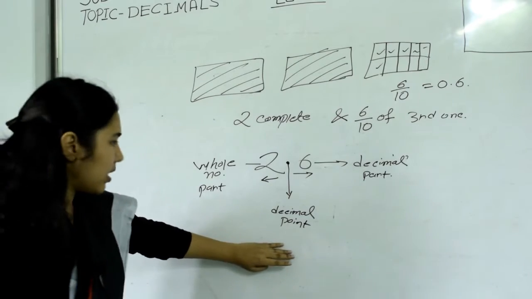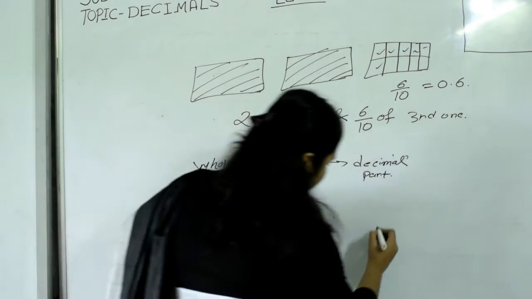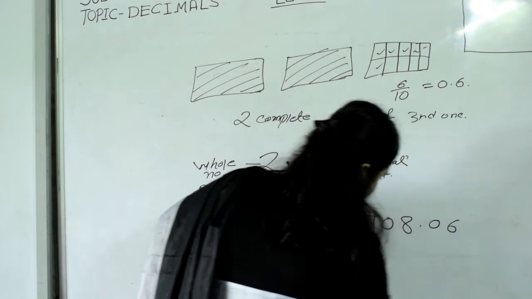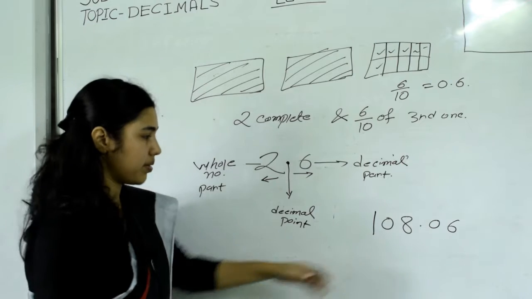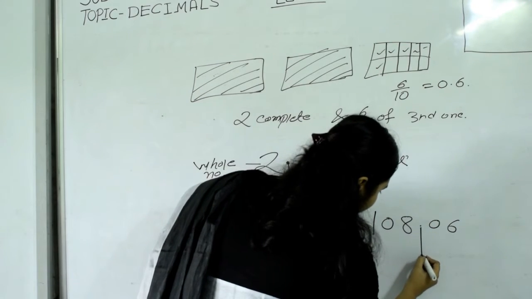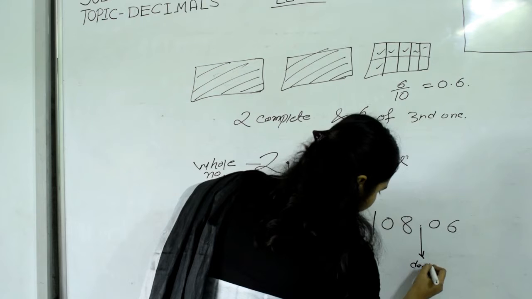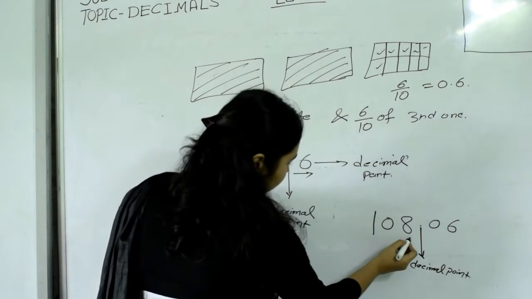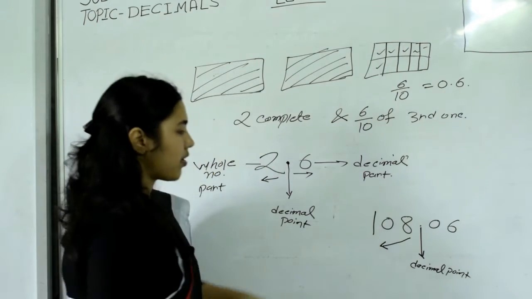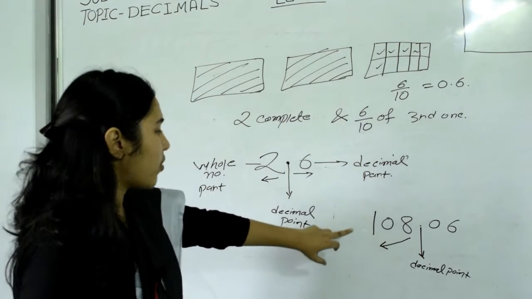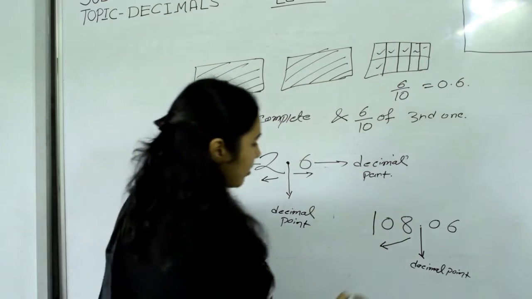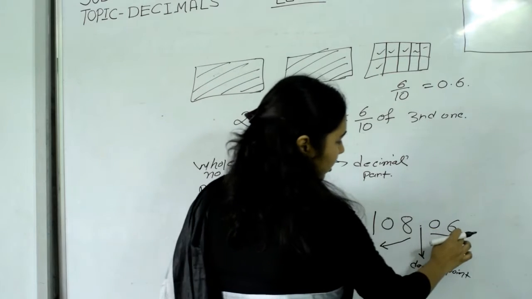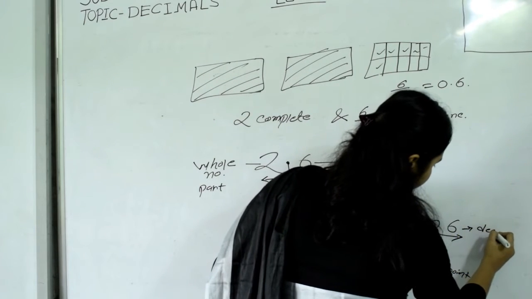Okay? Is it clear? So if we consider suppose this number, here this point is our decimal point, right? This whole part is our whole number part, which is 108, and this portion, 06, is our decimal part.